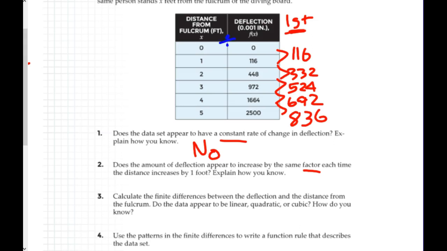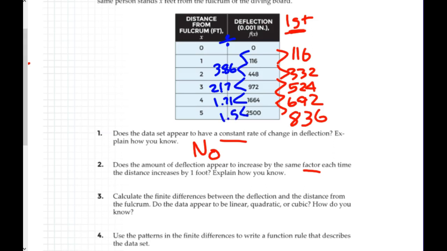You can't divide 116 over 0, but let's do 448 over 116. 3.86. 972 divided by 448. 2.17. 1.71. 1.5.